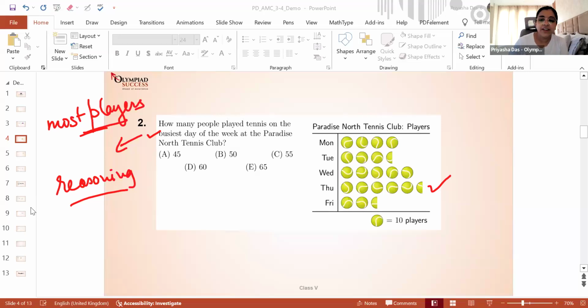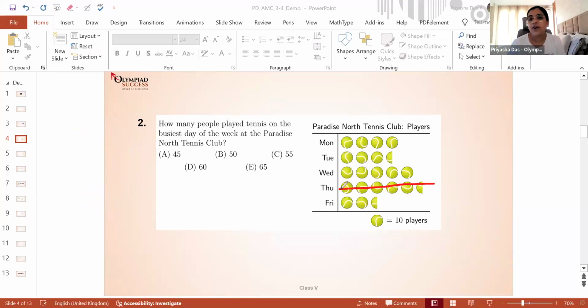Hazel, what can we see here? The longest line goes for Thursday, right? The longest line goes for Thursday. So once you realize that, ma'am, the busiest day has to be Thursday, there is no other option, then you can save your time by not counting these. Do you get it?